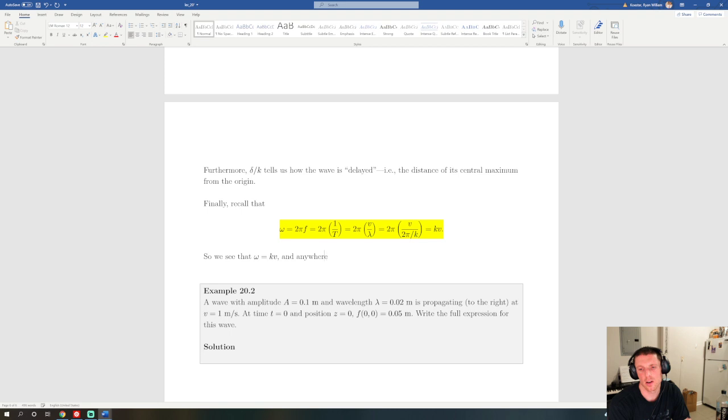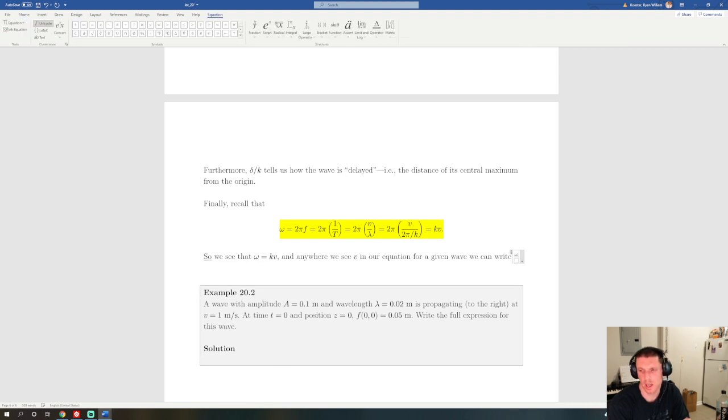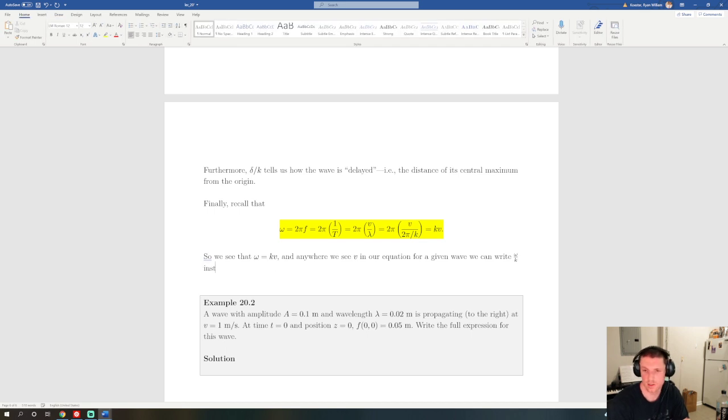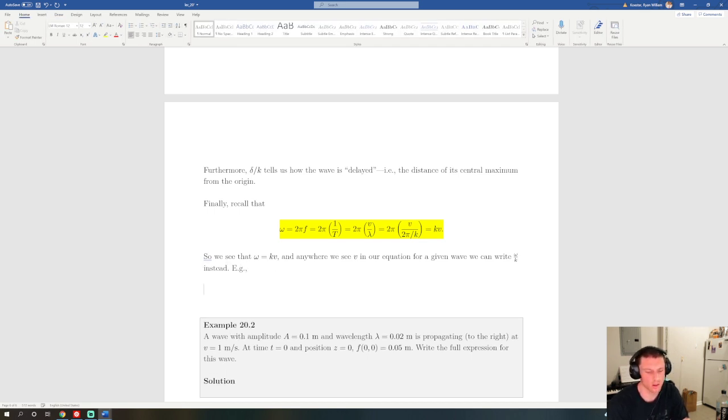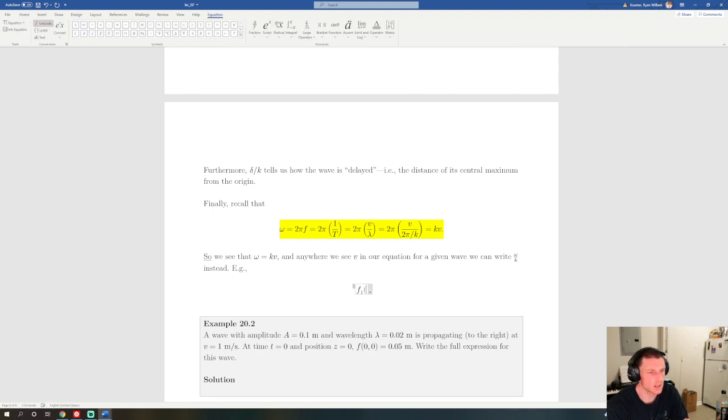and anywhere we see v in our equation for a given wave, we can write omega over k instead. For example, thinking back to the wave from the example we had, we called it f1, right?